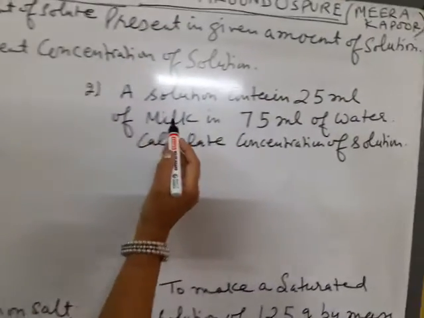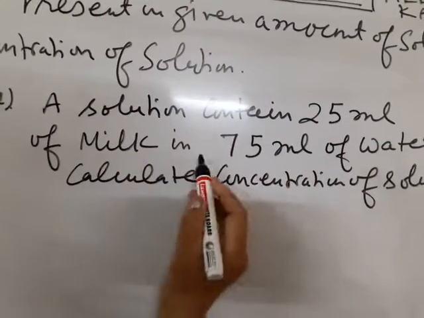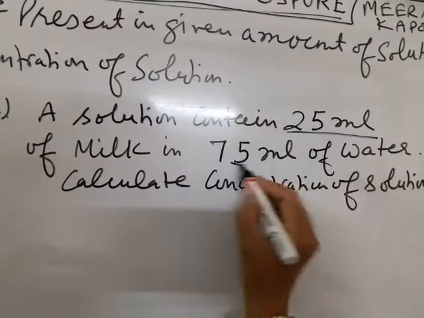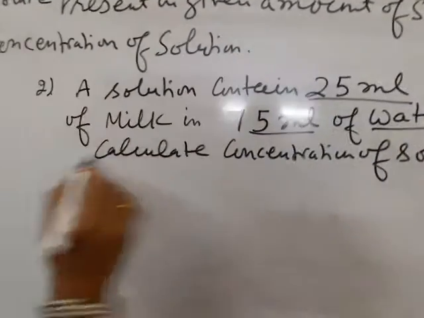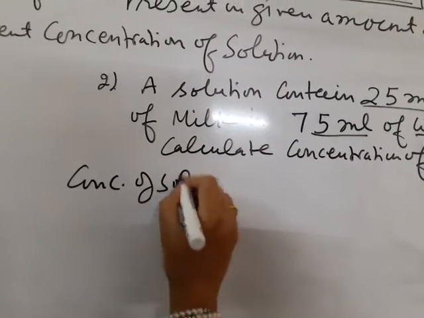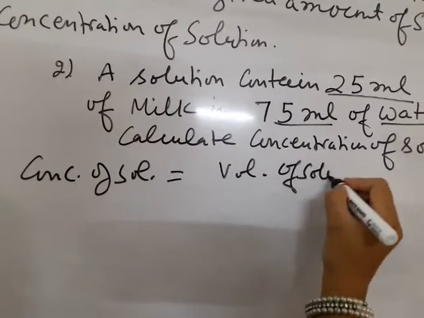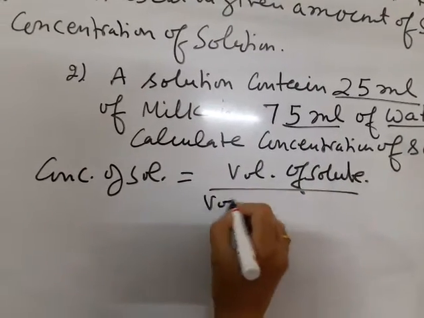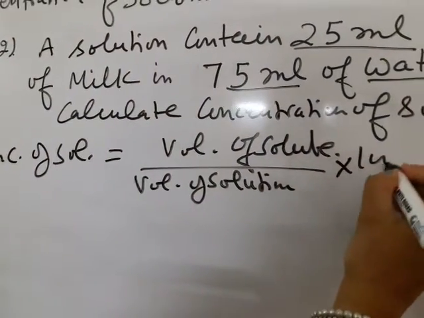Second numerical. A solution contains 25 milliliter of milk in 75 milliliter of water. Calculate concentration of solution. Now here both are volume. So volume of solute upon volume of solution into 100.